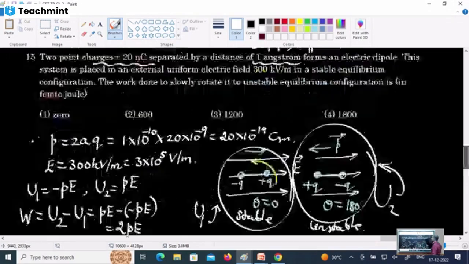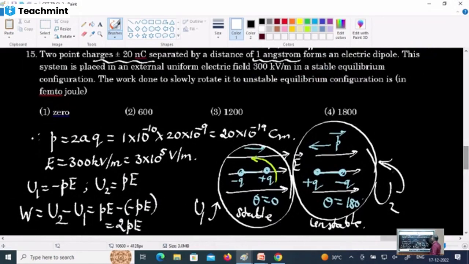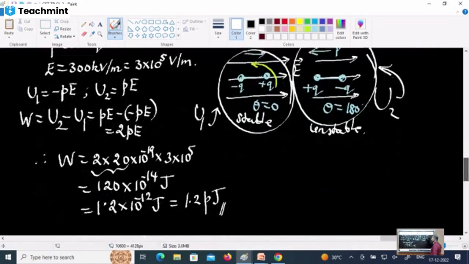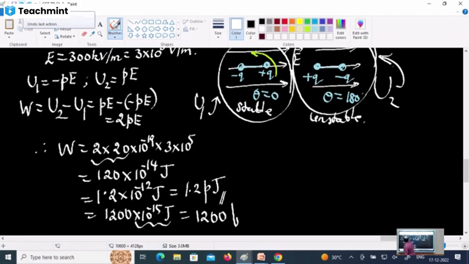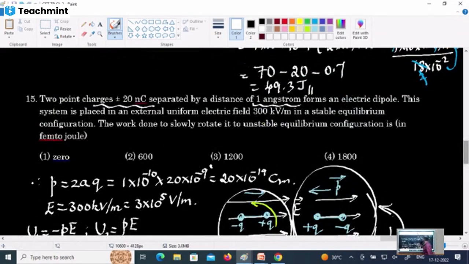The answer is asked in femtojoules. Femto can be written like this: 1200 into 10 to the power minus 15 joules. 10 to the power minus 15 is femtojoule. So 1200 femtojoules.